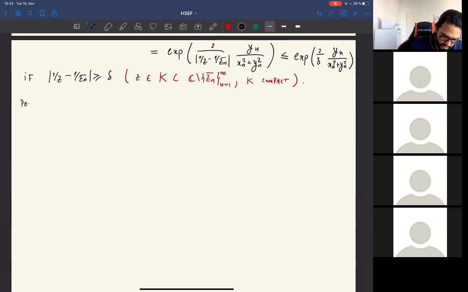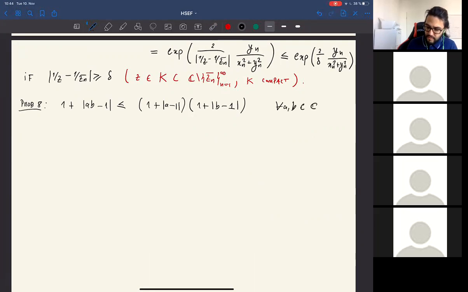Problem 8 says that the modulus of 1 plus AB minus 1 is less or equal than a product, when A and B can be any two complex numbers. That's a nice inequality because you can iterate it. And probably you use this iteration in another problem.